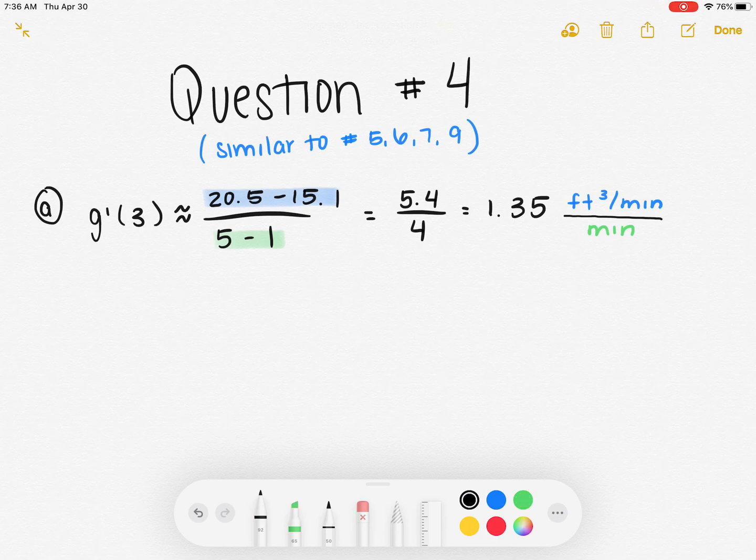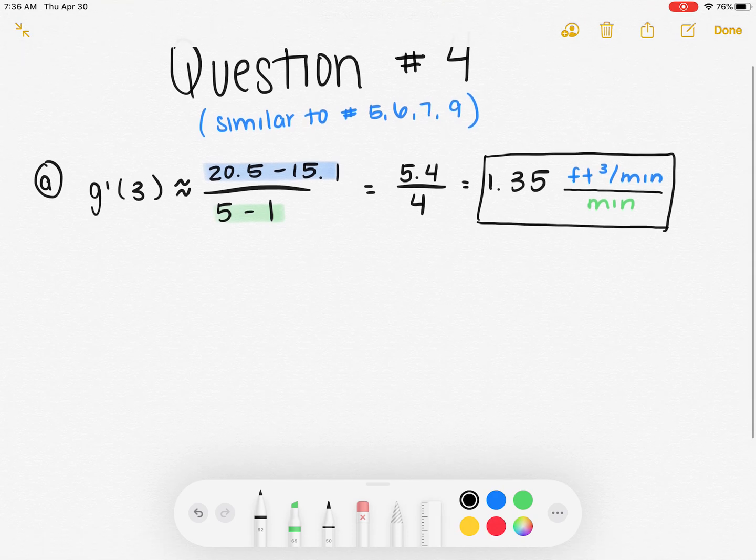And I can leave it right like that. I can say this is my final answer. To get the units, I always do the same thing with the units that I did with the numbers. So since I was dividing the numbers, I just look at what their units were and divide them.